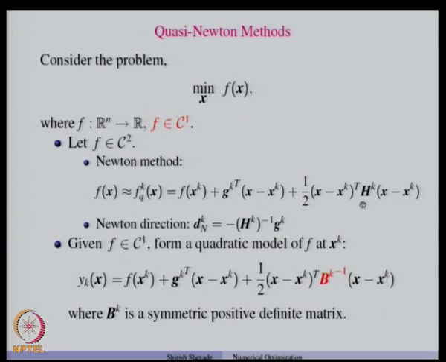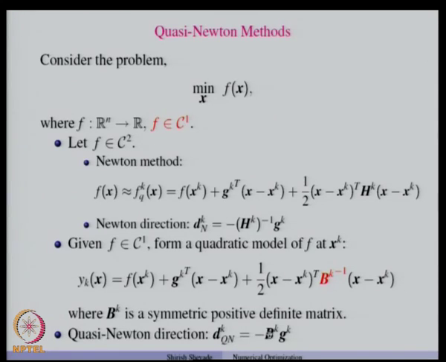This is like the Hessian matrix, which is also symmetric and also positive definite. Now, the Hessian matrix is not always positive definite. That is what we saw earlier when we studied Newton method, and in fact, that was one of the drawbacks of Newton method, that every time the Hessian matrix is not positive definite. So, if we make sure that this matrix Bk is positive definite, then one can choose a direction dk to be minus Bk gk, and that direction is called the quasi-Newton direction.